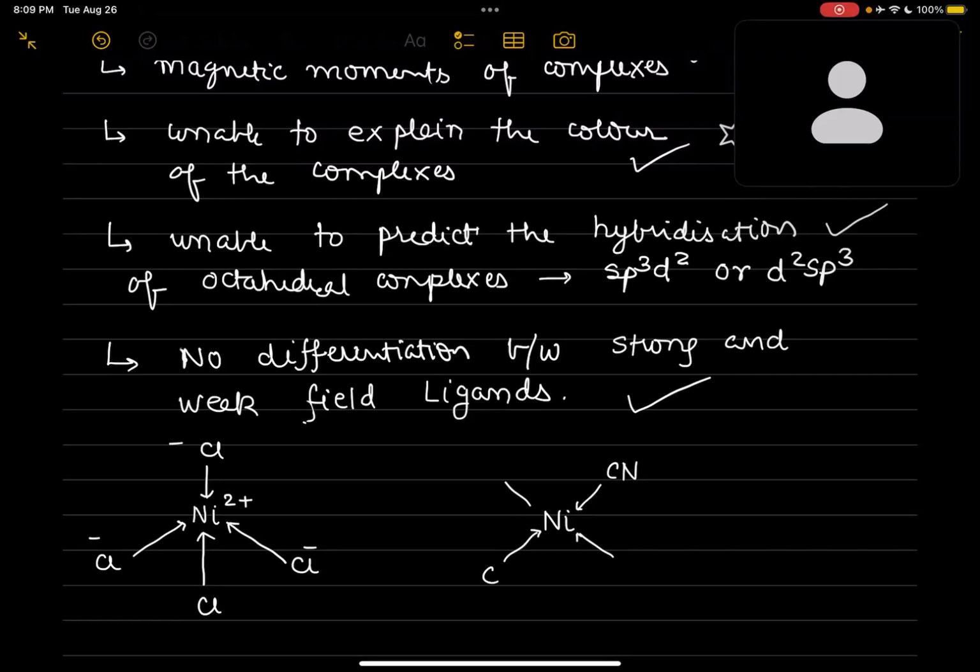So why may this be happening, Jasleen? Can you tell me? One of the nickel is forming a tetrahedral complex with four ligands, while another one is forming a square planar complex.